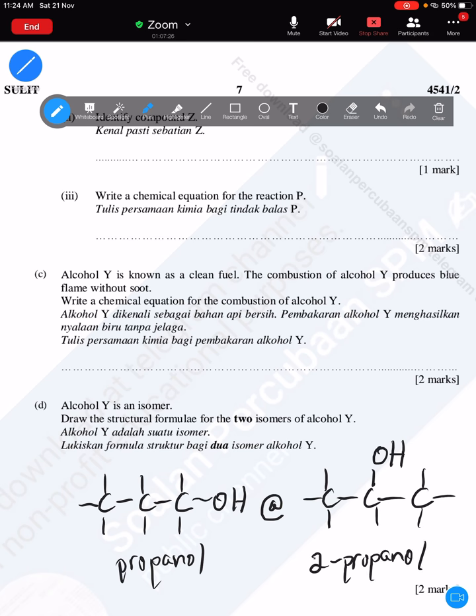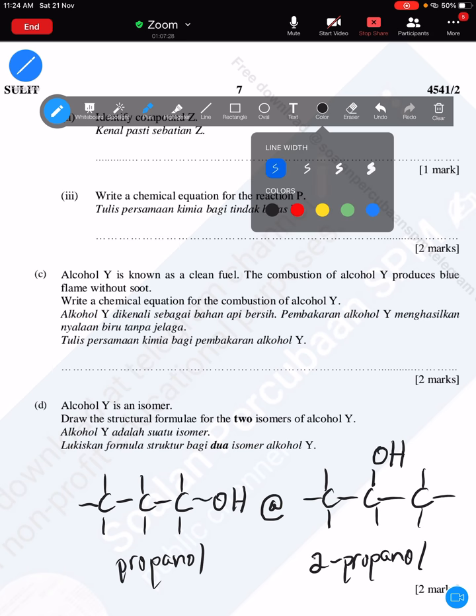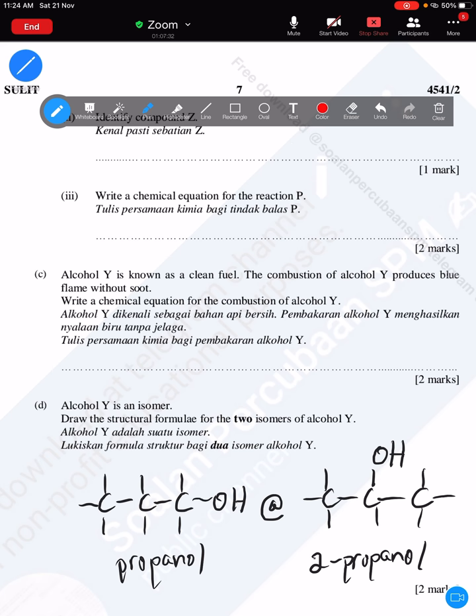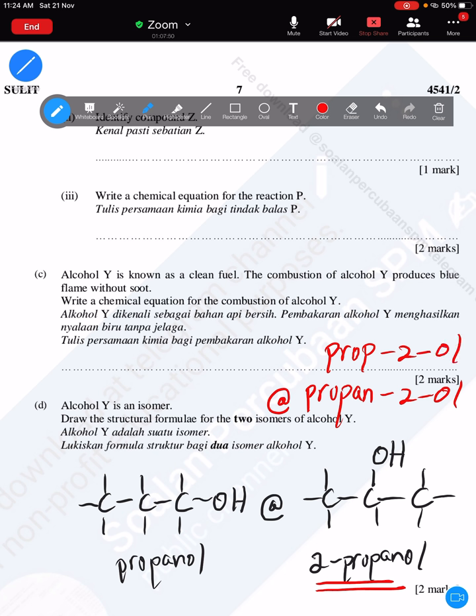This is what we call 2-propanol. But listen, certain schools or certain reference books have other options as well. Other than writing it like this, you can write propan-2-ol, or certain reference books write prop-2-ol. All are acceptable. Shouldn't be a problem.